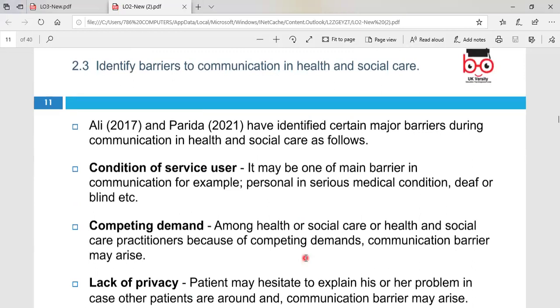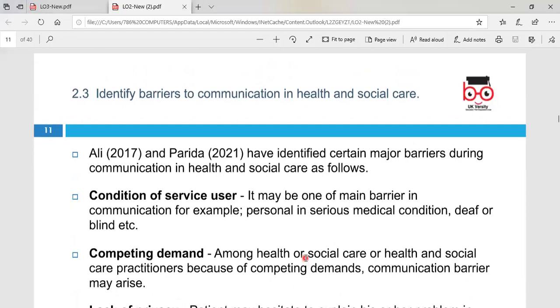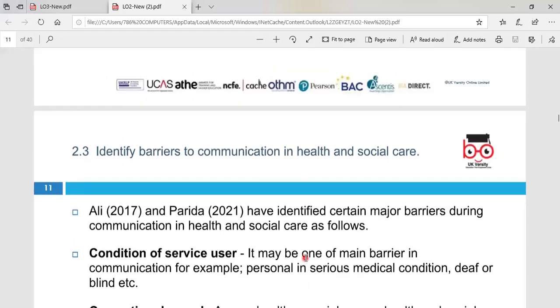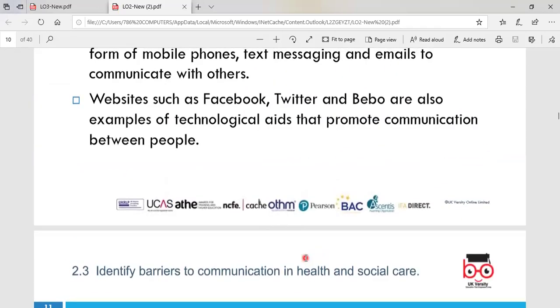So what are the barriers? If I ask you, what are the main barriers while you're communicating? The connection is bad, please. I'm asking what barriers do you know of in health and social care?